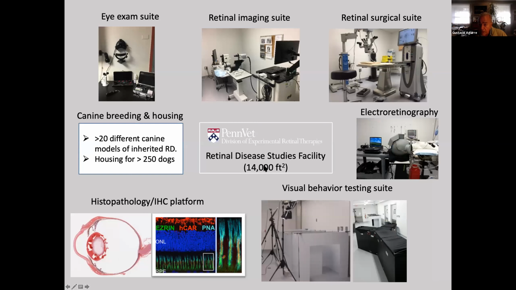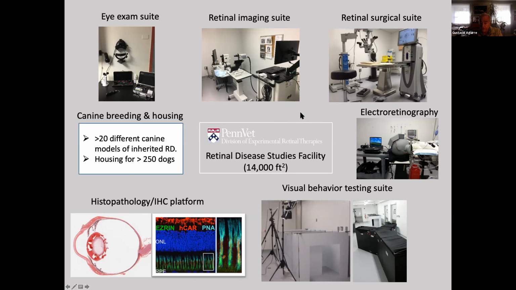So we do this work in 2 places. One is in our lab in the city of Philadelphia at the School of Veterinary Medicine. And then in the rural campus of the university, we have what is called the Retinal Disease Studies Facility, which is a facility built in 1989, combination of funding from FFB and NIH.